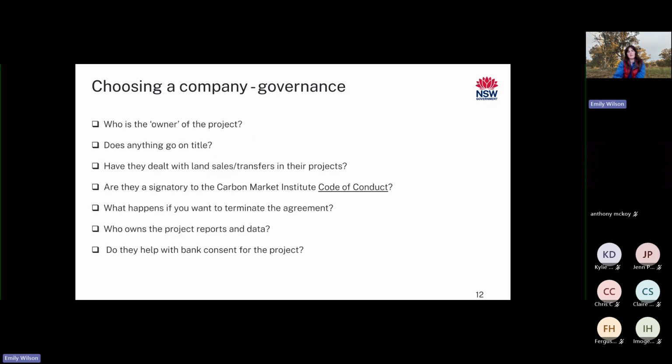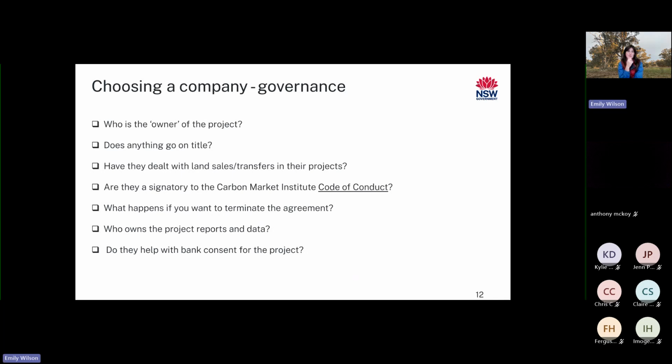In terms of some of the governance considerations, ask who the owner of the project is. So whether it's you as the farmer, some of the carbon companies like to be the owner of the project, and that can have certain benefits, but it can also mean less control over it for you as the farmer.